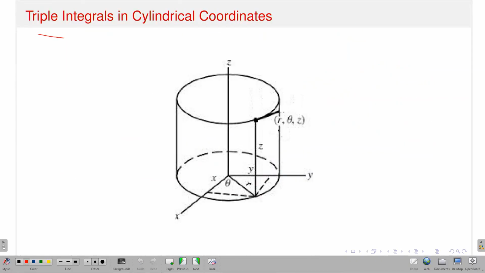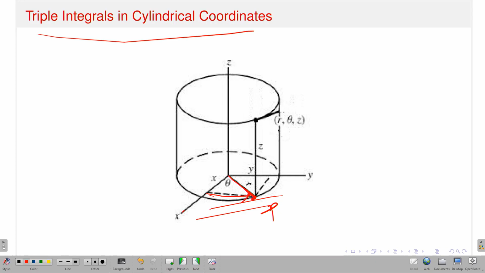So, I just draw a picture. Triple integrals in cylindrical coordinates: as I said, this is my xy plane, and now I am changing to an r theta plane. What is r? If I take any point P, r is the distance of that point from the origin, and theta is the angle of the point. You draw a line from the origin, and then measure the angle in the anticlockwise direction from the x axis, which I denote as theta.